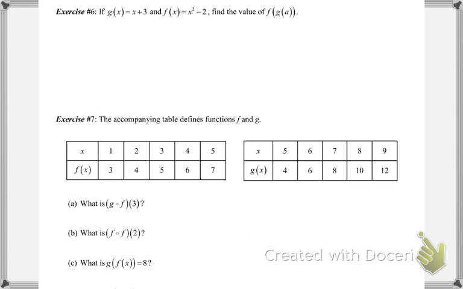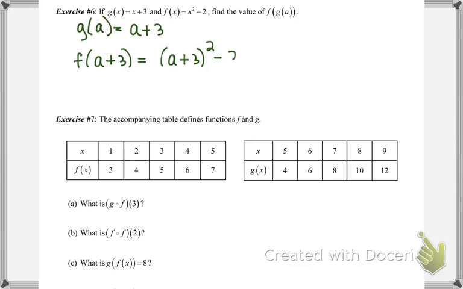If g of x is equal to x plus 3 and f of x is equal to x squared minus 2, find the value of f of g of a. So first we'll do g of a. So where there's an x, we're going to plug in an a. So a plus 3. Now we want f of a plus 3. Instead of x squared, we're going to do a plus 3 squared minus 2.